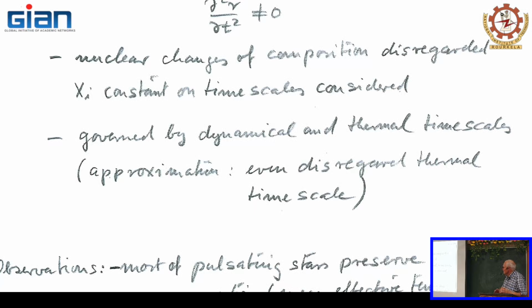Okay. Now the next step in the approach is motivated by the observations. The pulsations are seen to keep the mean properties of the star the same. So the mean luminosity will remain the same as without pulsations. The mean temperature is the same. The mean radius will be the same. And the pulsations may be regarded as a superposition of variations or oscillations around the equilibrium.